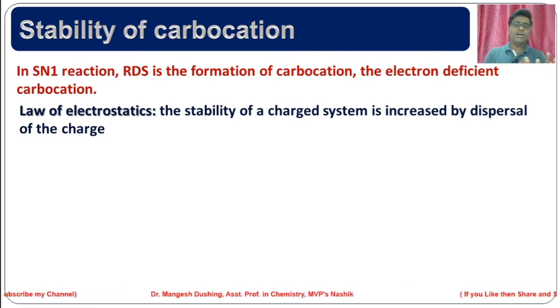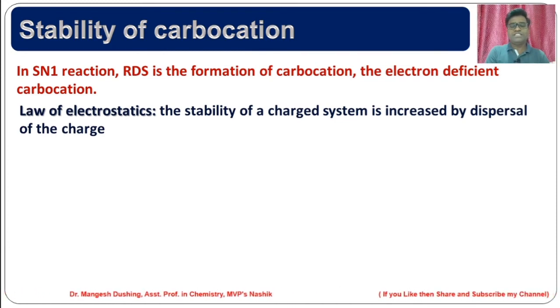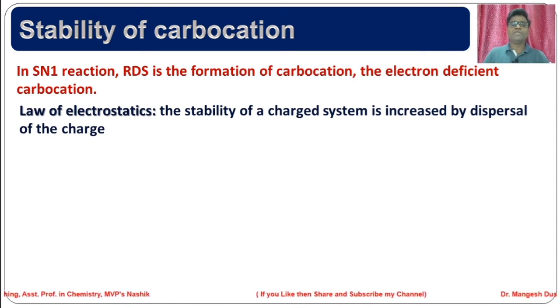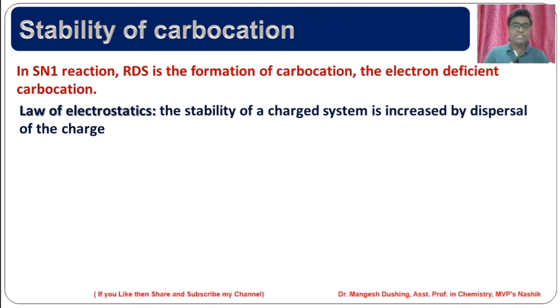Whatever charge is accumulated on the system, atoms or molecule, that charge must be dispersed, then that species will be highly stable. If the charge is accumulated, then charged species are unstable. Similarly, neutral molecules are stable, but a carbocation will be unstable. That carbocation should be stable for the SN1 reaction.